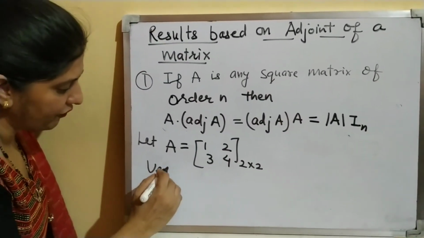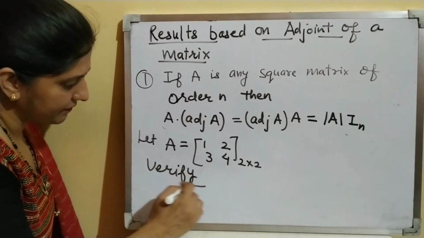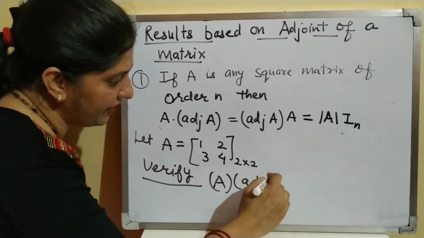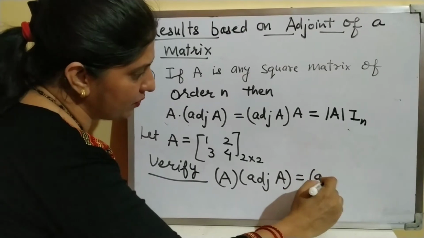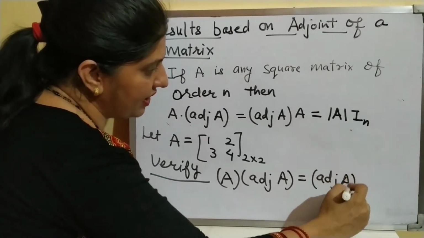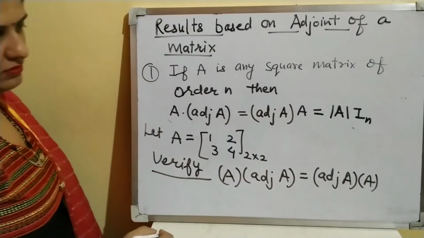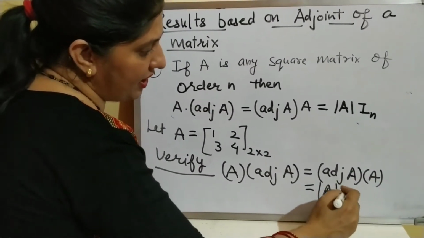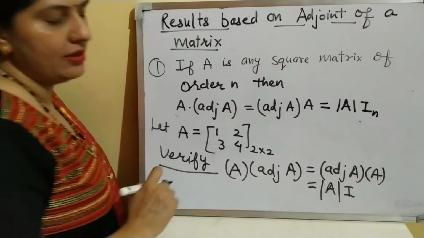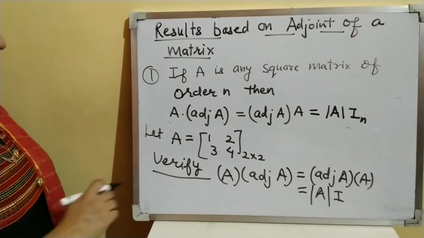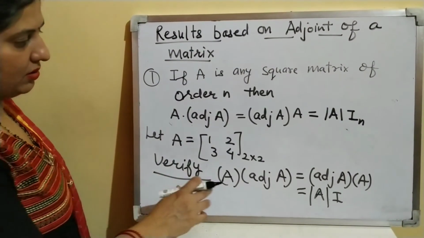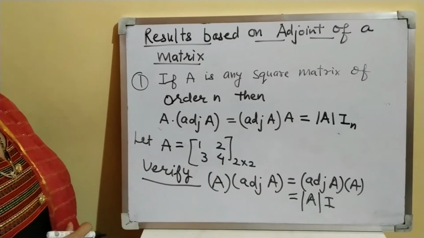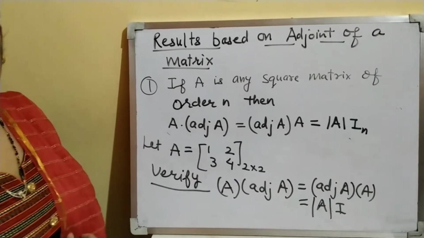Means you have to verify A into adjoint of A is equal to adjoint of A into A, and this term is equal to determinant of A into identity matrix. Let's calculate all the terms separately and then we check all of these are equal or not.